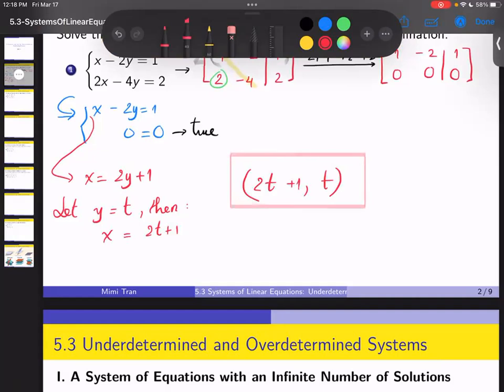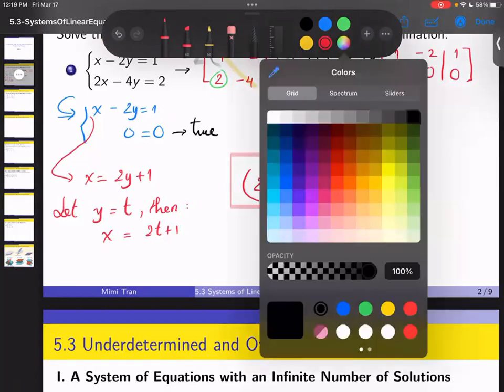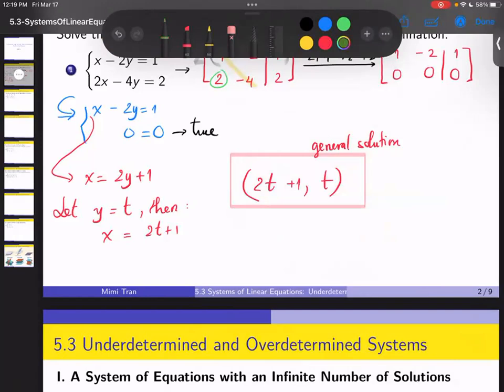Write your own solution right up here. This is called an underdetermined system of equations, right? Where you have so many solutions. If I would have asked you to give me a particular solution, just pick a point, any point you like.